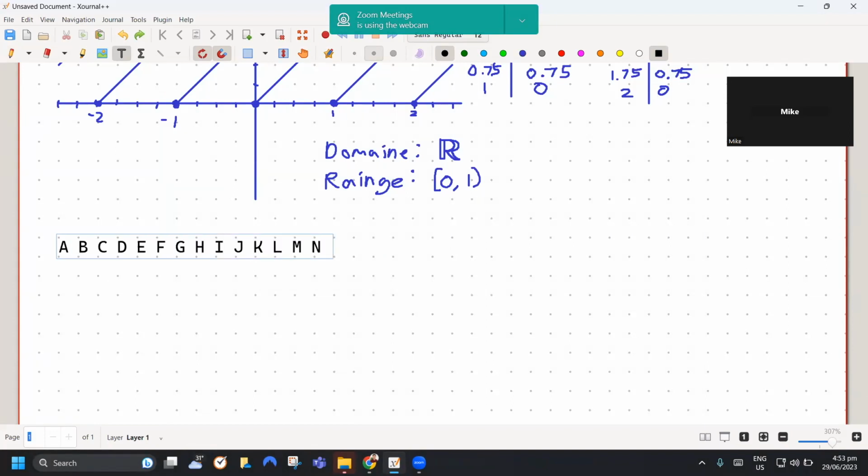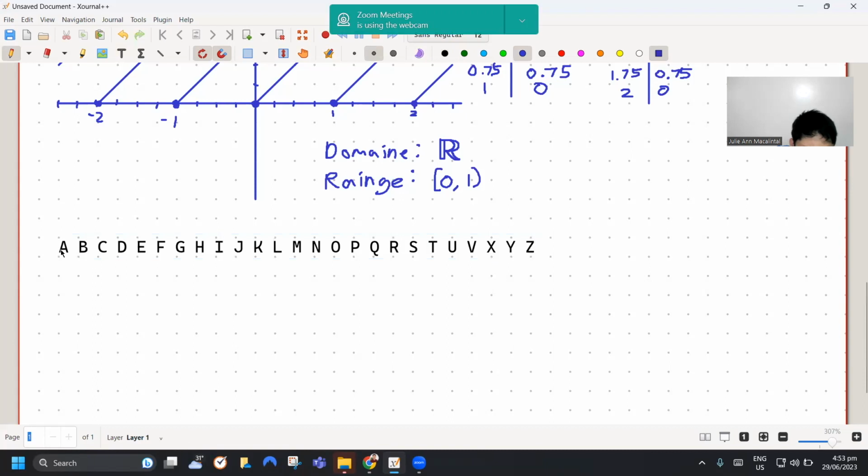So sa mga letters, alin yung hindi pwedeng i-define as a function? Okay, so ito, clearly not. Pwede pa i-highlight yung mga letters na pwedeng i-define as a function. Tanggalin mo lang yung mga serif. Okay. Actually, no serif.